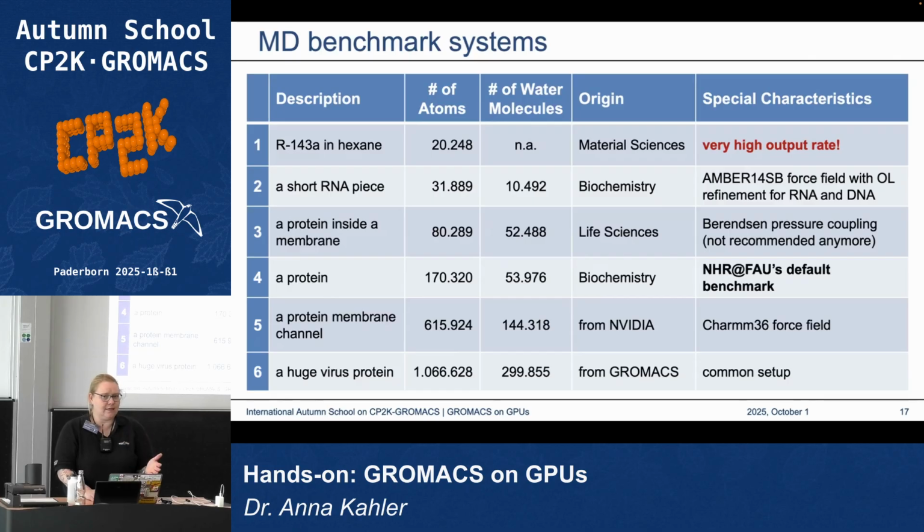They are set up in different ways, so different force fields, different pressure coupling, different temperature coupling, different thermostats, but it doesn't make any difference, really. I just want to show you what we can tweak regarding performance with some command line flags.